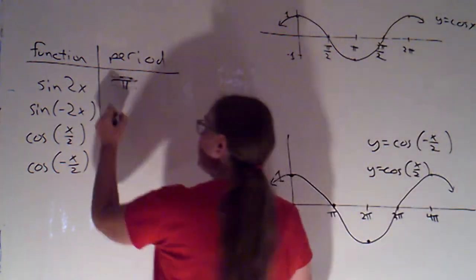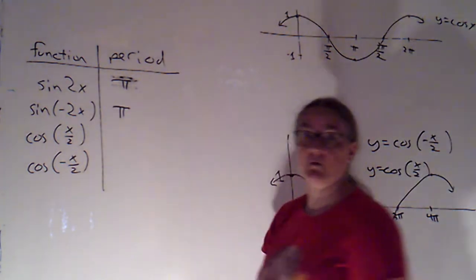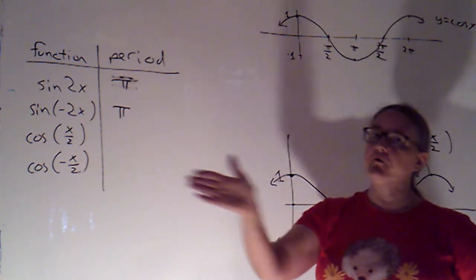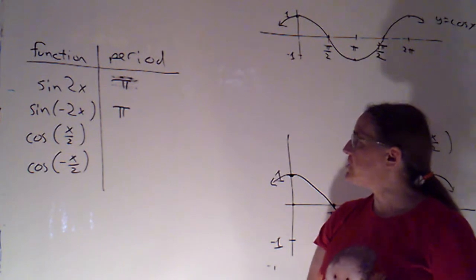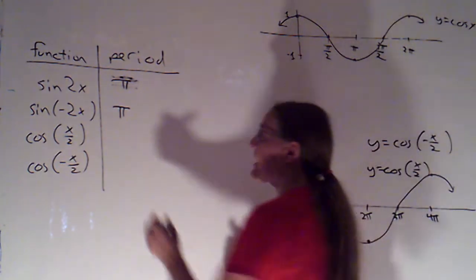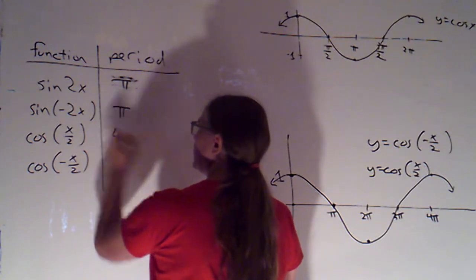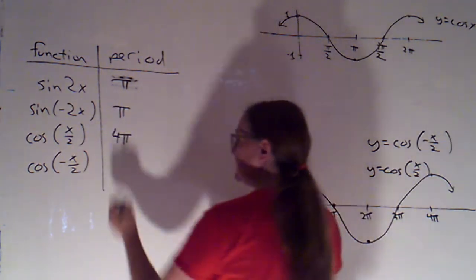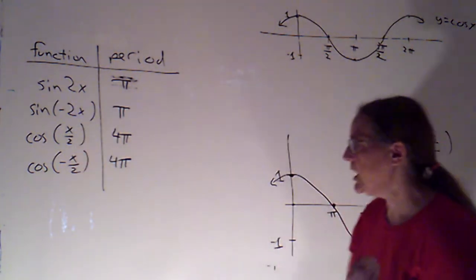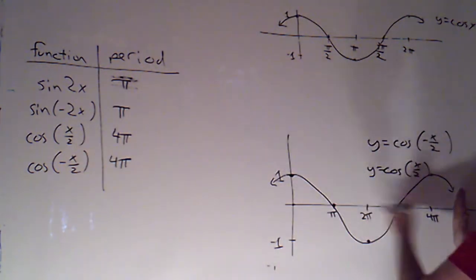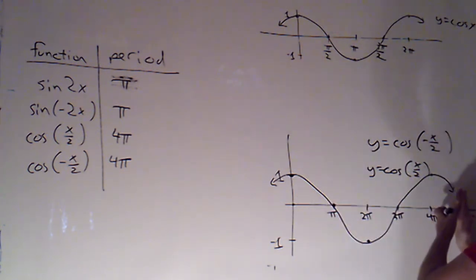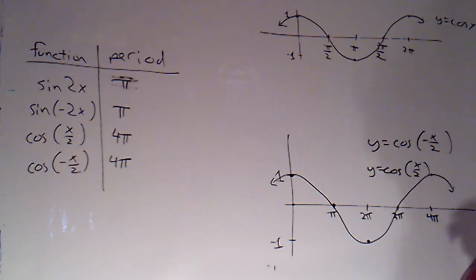It was the same period here, because the period is the length of the interval over which the function goes through one cycle. Cosine of x over 2, we just saw the period was 4 pi, and same thing here. So dividing our x values by 2, we ended up taking our important x values, doubling them when we were graphing, and so that doubled the period and made it 4 pi.